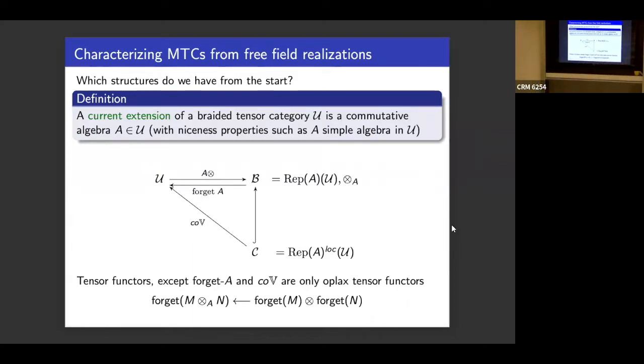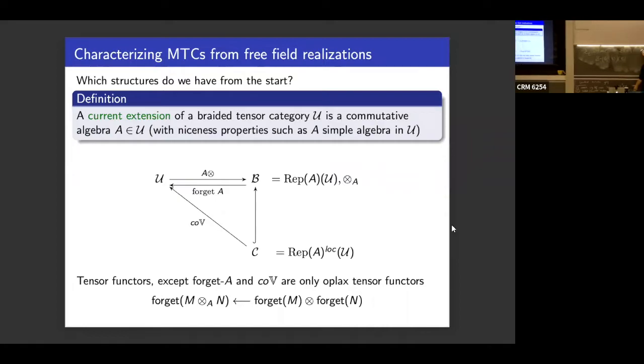And this picture I should maybe draw on the blackboard, because now I will modify it and have examples for it and so on. So this is now the rest of the lecture. I will talk about this picture. If you have questions about this picture, so here we have B. We have A in U with a tensor product over A. And you have this forget A. You have tensoring with A. This goes to U. And here it's C. So the local modules.